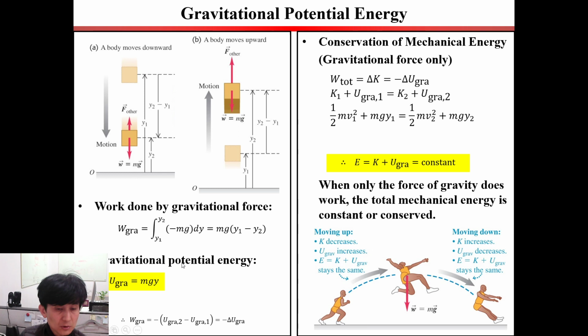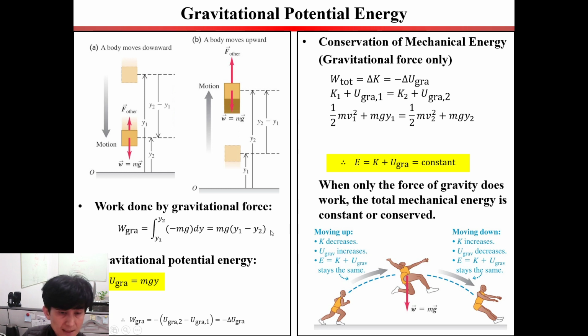And the gravitational potential energy, if we define y2 minus y1 as y, then this becomes minus mgy. So the gravitational potential energy is the opposite, the negative sign, of the work done by the gravitational force.